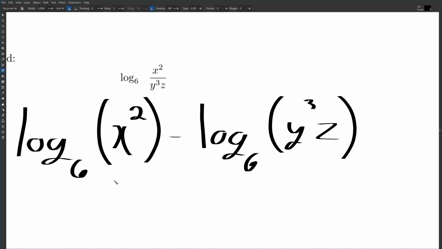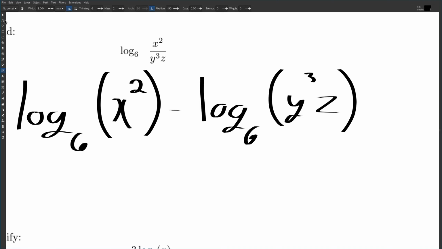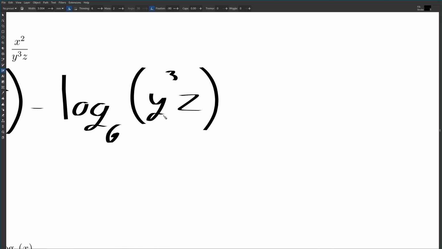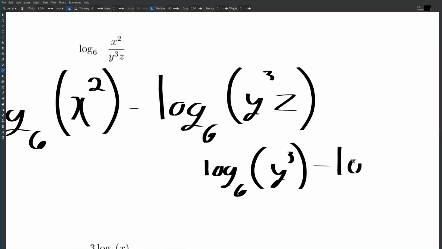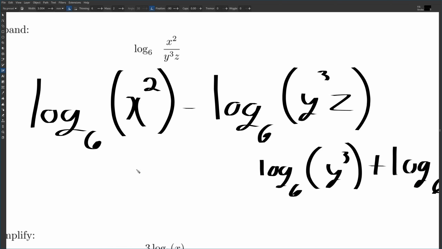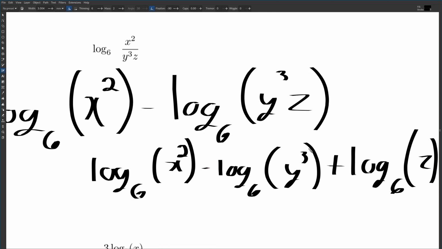Okay, and we can break down this right side even more. So on this side, we're going to have log base 6 of y cubed plus log base 6 of z, since we have a product, plus sign. And then on this left side, we still have log base 6 of x squared. And now for the final rule.